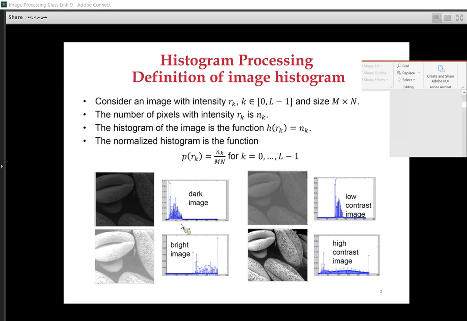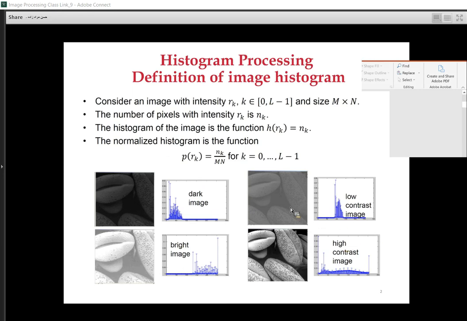When you see this histogram, you know that the corresponding image is a dark image. In a dark image, the gray levels are located in the lower areas, or dark area. But for example, this is a bright image, and we see that the gray levels are located here, near the maximum.